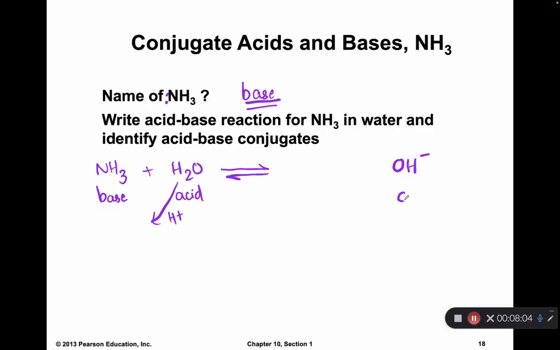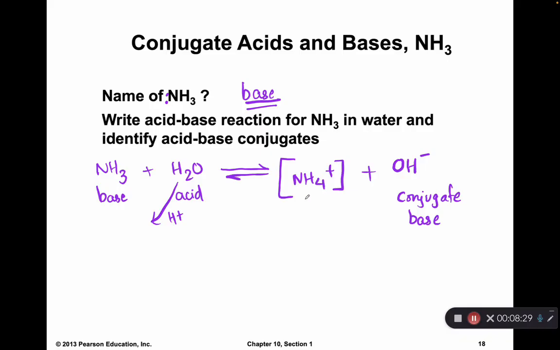So this is now conjugate. Can you guess what it is? Acid will form conjugate base. So this is conjugate base. Now let's go back. The base ammonia takes in that H plus, right? And that forms NH4 plus.